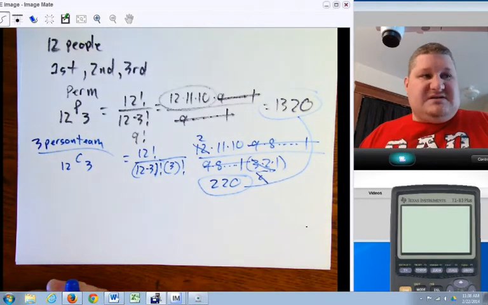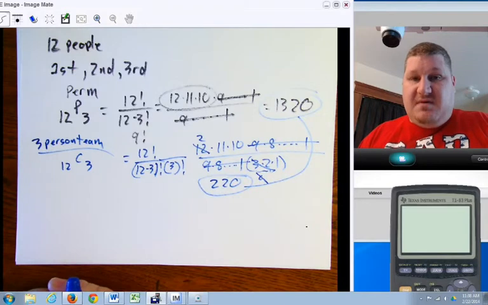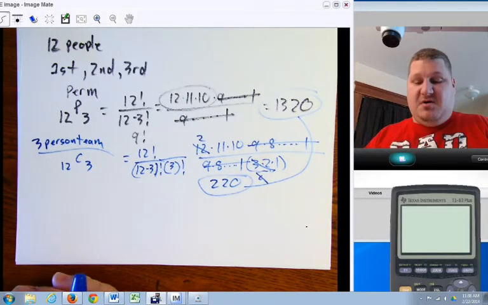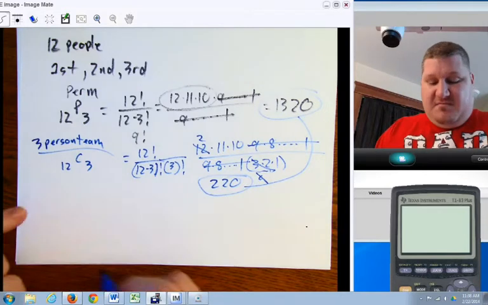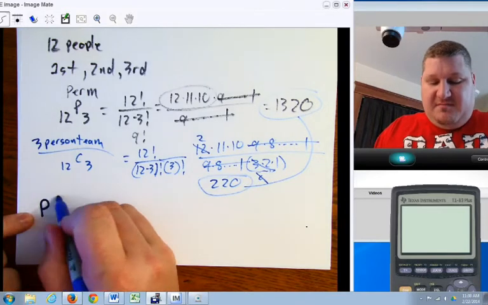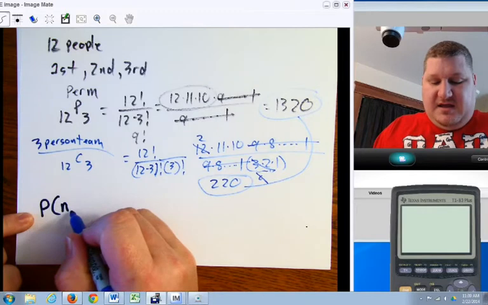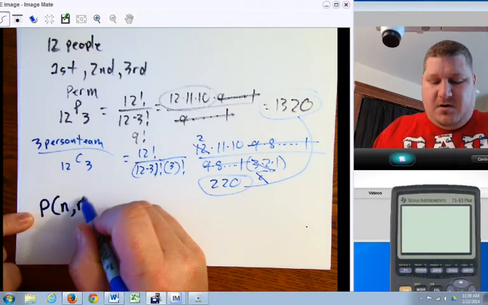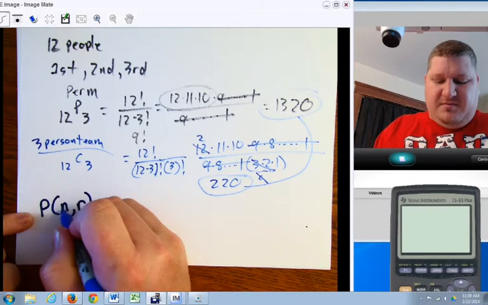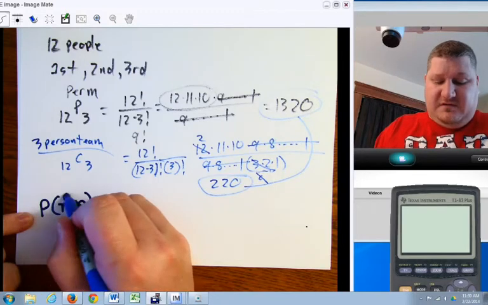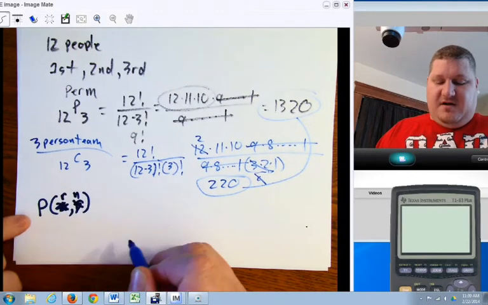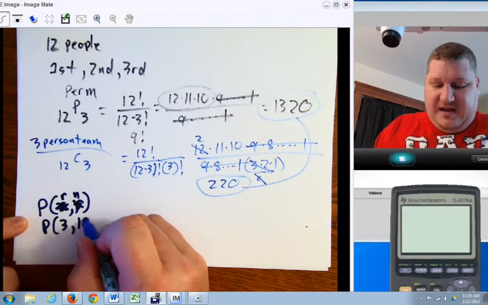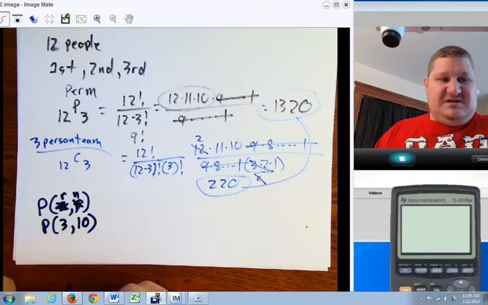All of this comes into play when we start talking about permutations, combinations, and binomial probability. Because remember, binomial probability, actually probability of r out of n, probability of getting 3 right on a 10 question multiple choice test.